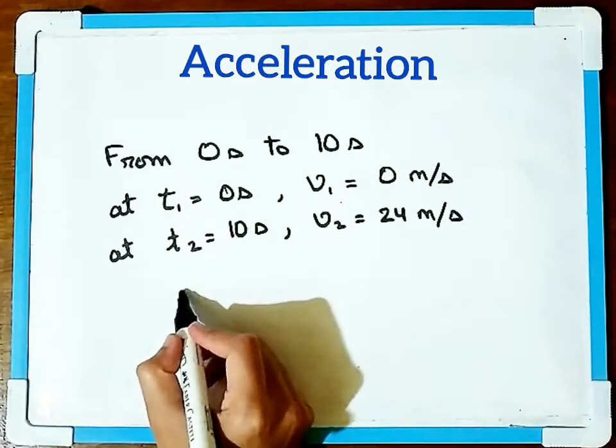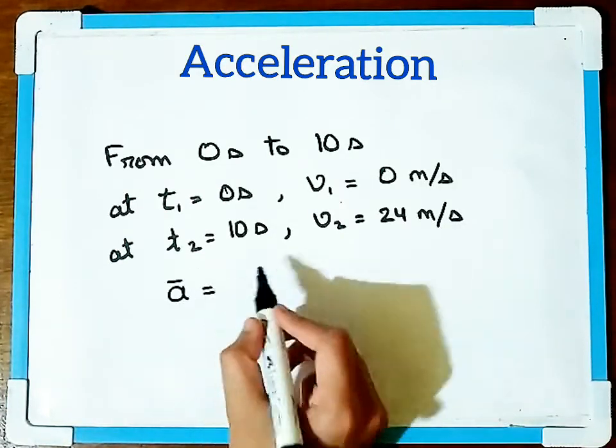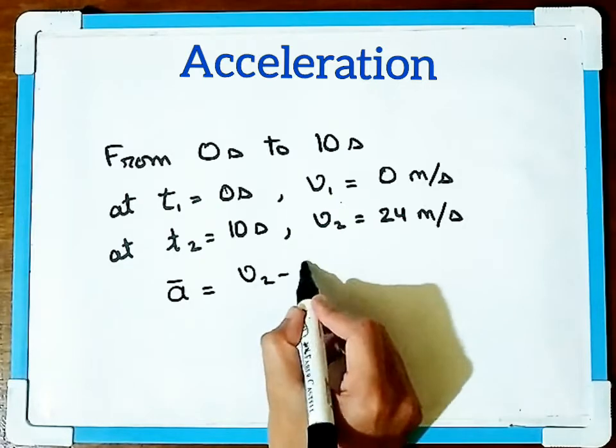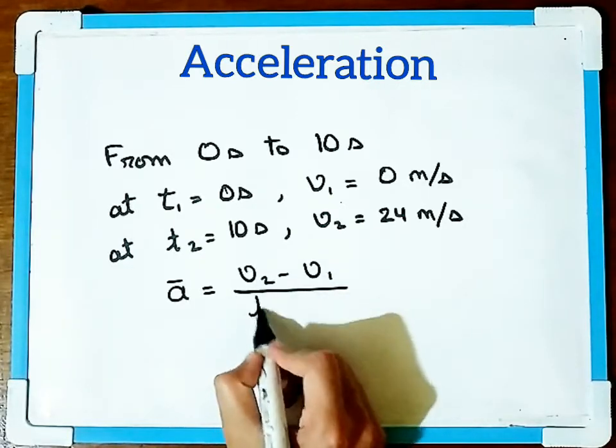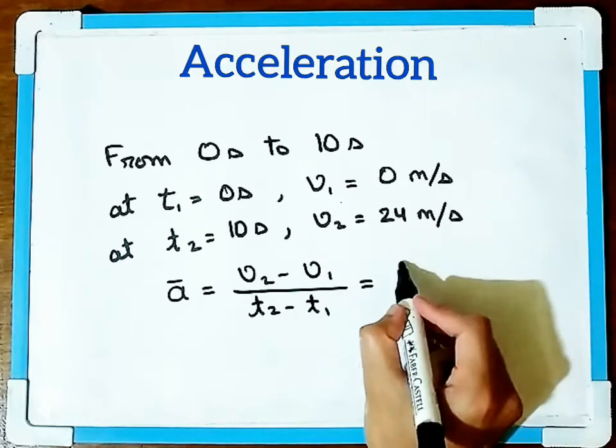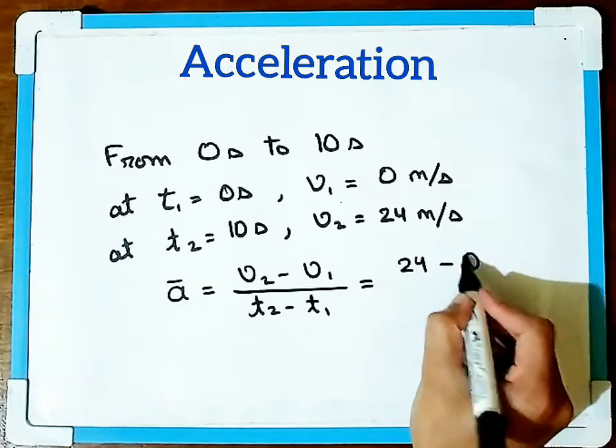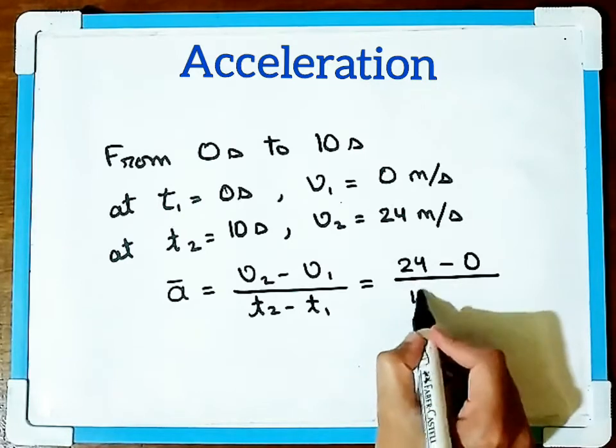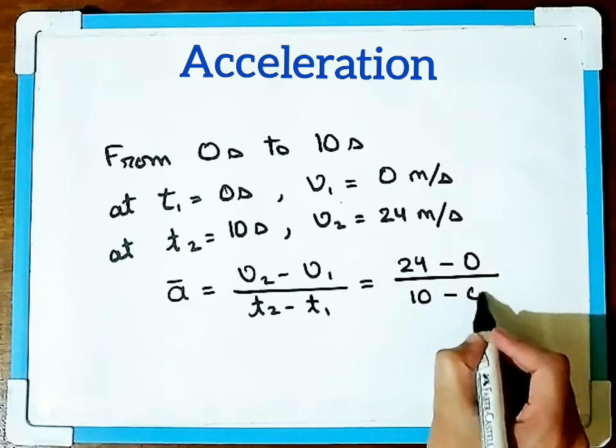So the average acceleration will be equal to v2 minus v1 divided by t2 minus t1, which is 24 minus 0 divided by 10 minus 0.